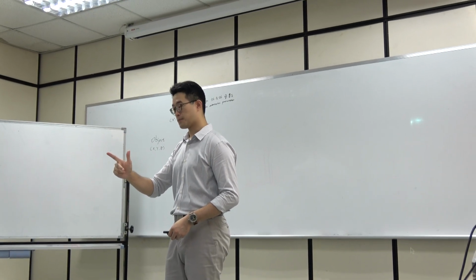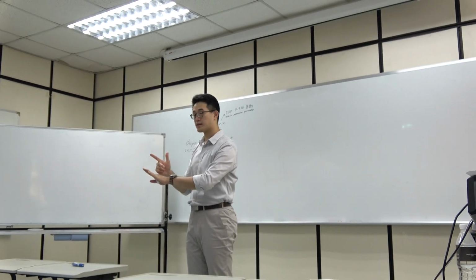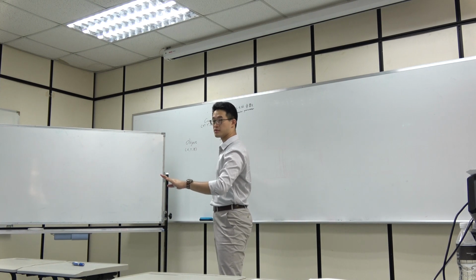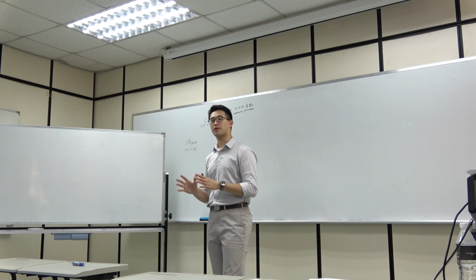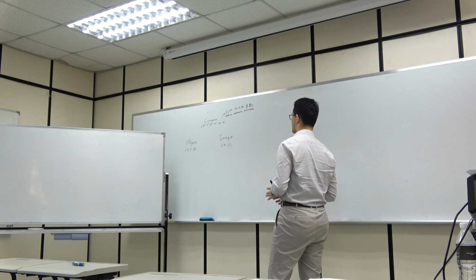I take a photo, then this x, y, z will project to an image at the x and y imaging coordinates. That is the imaging geometry we are going to consider.